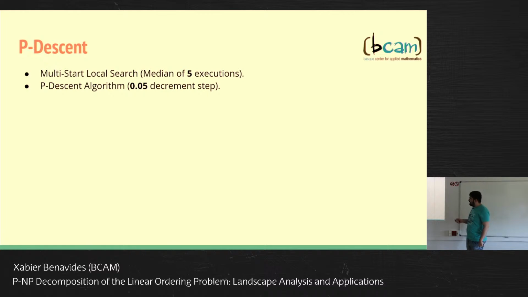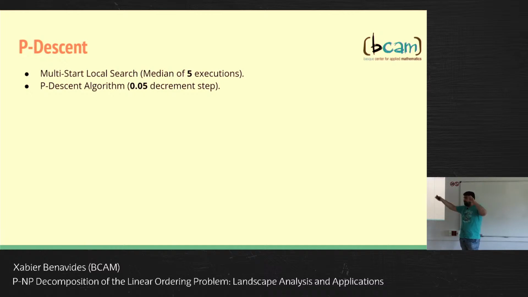Regarding the decrement step of the p-descent, we have selected a fixed value of 0.05. Regarding the stopping criterion, the p-descent doesn't need one because it's just a fixed series of chained local searches.